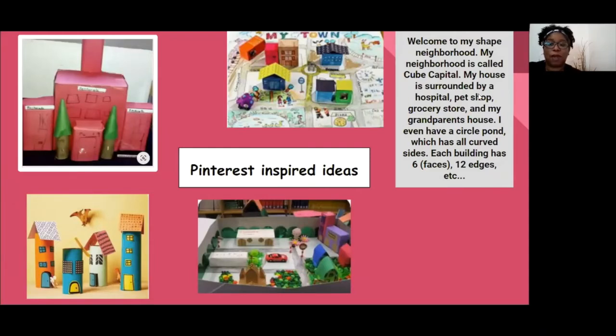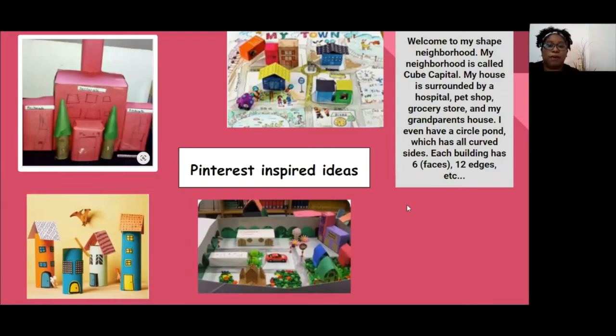My house is surrounded by a hospital, pet shop, grocery store, and my grandparents' house. I even have a circle pond, which has all curved sides. Each building has 6 faces, 12 edges, and so on and so forth. You can make it as long as you like. Just be sure to add as many details as possible, okay?